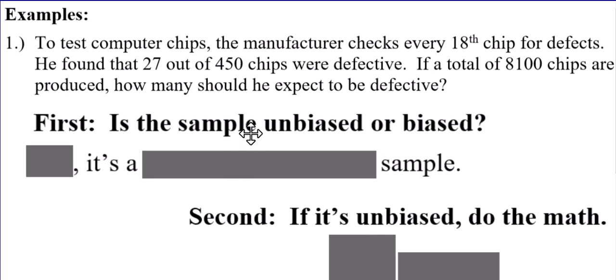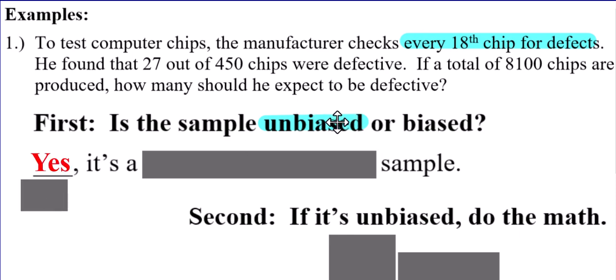The first thing we should check is whether the sampling method is unbiased, which would be a good thing. That means we can make valid conclusions. Or is it biased? Well, he checked every 18th chip for defects. That is an unbiased sampling technique. Now, how do I know that it is unbiased?